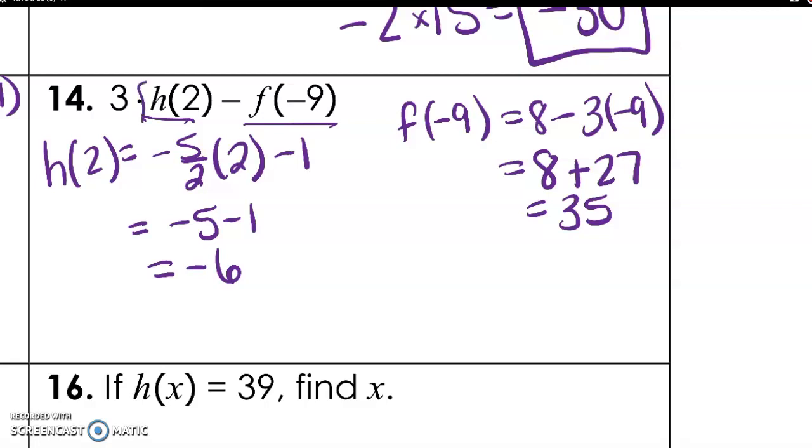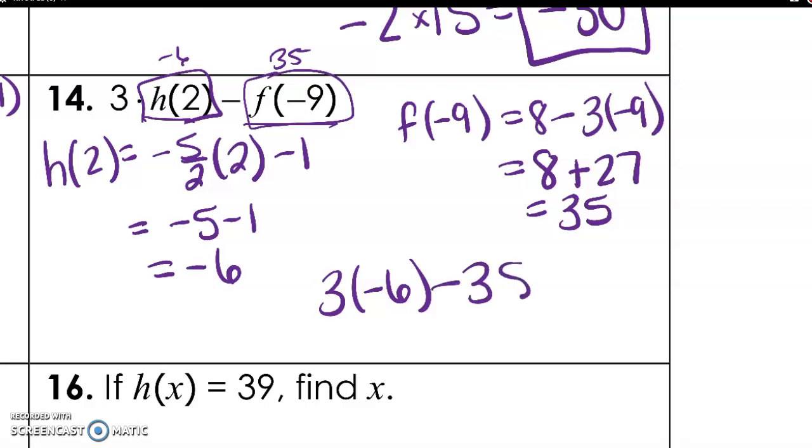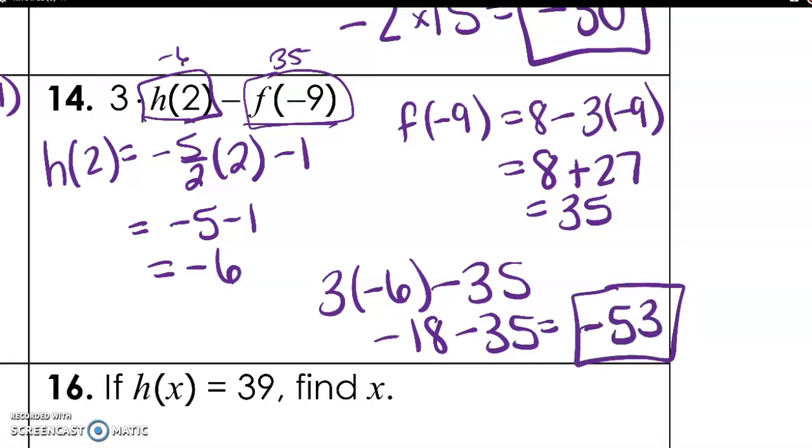So I need to replace the h of 2 with -6 and the f of -9 with 35. So 3 times -6 minus 35 gives me -18 minus 35, which is -53 for my final answer.